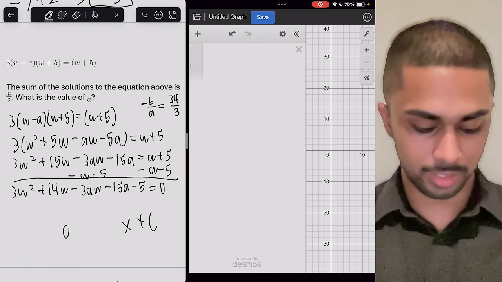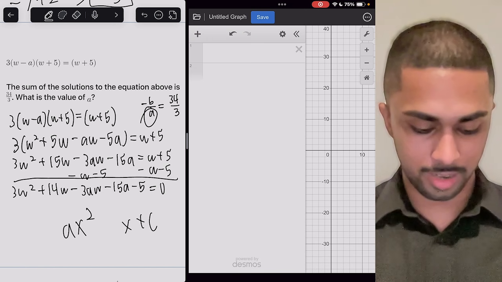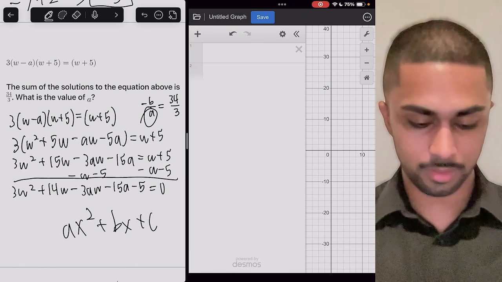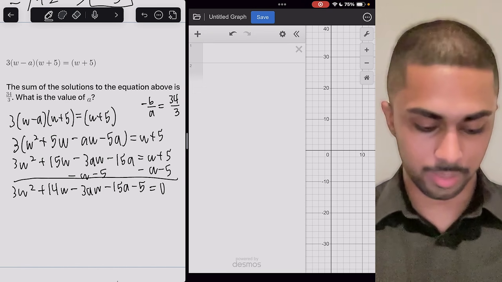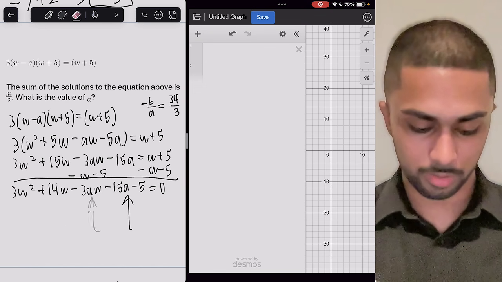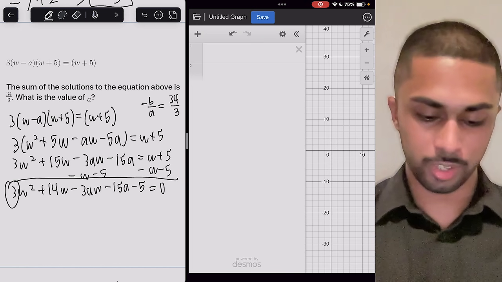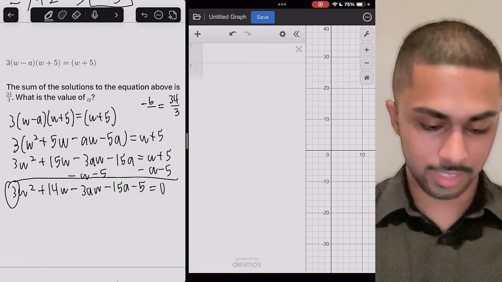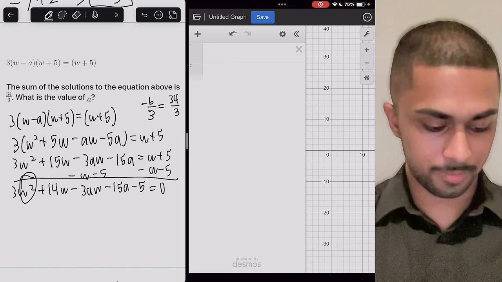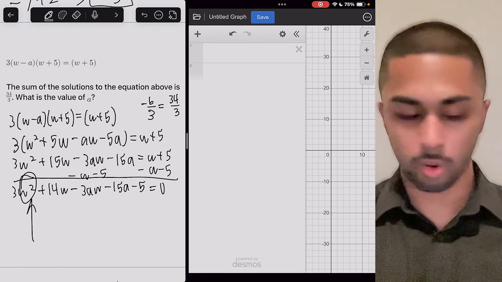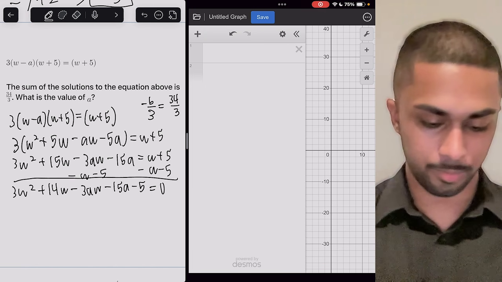So basically, you can think of this a right here as an a that we made up, because that's how we represent parabolas. But this is the a that we're actually solving for. For this formula, we replace this a with a 3 because that's the coefficient in front of the squared term.